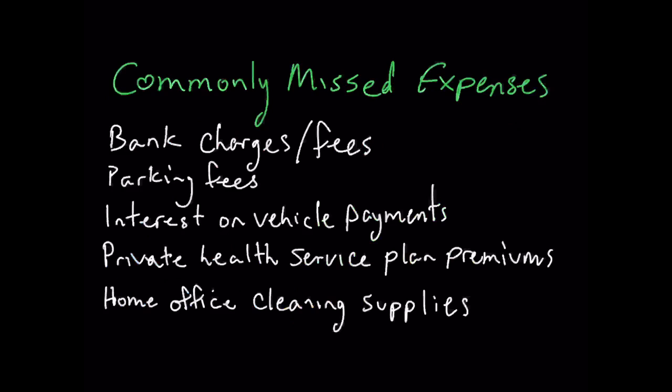If you're paying for a vehicle, if you have it on lease or you're financing it, the interest on the vehicle payments can be expensed. Private health service plans, the premiums on those can be expensed. And home office cleaning supplies can also be expensed. Often those are small and people just forget about them, but you can expense home office cleaning supplies on your business tax return.